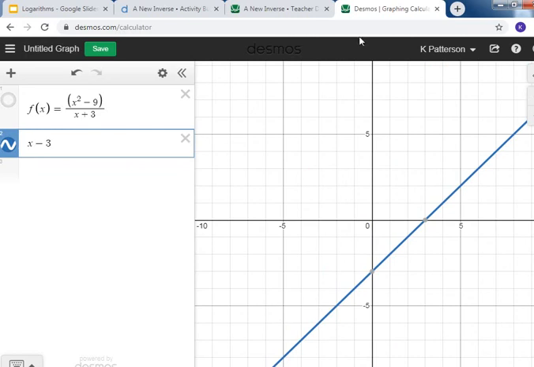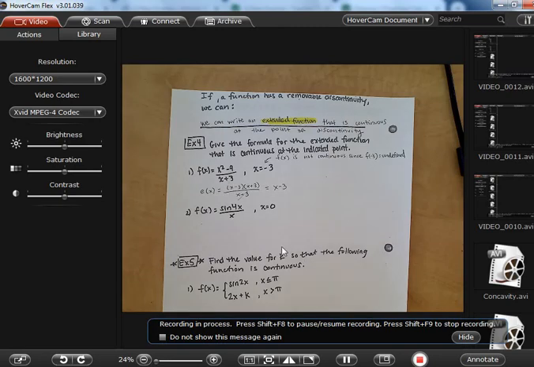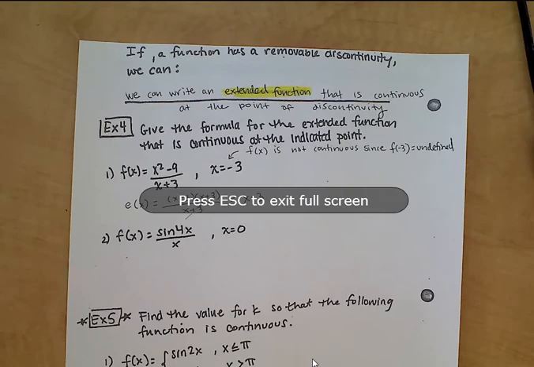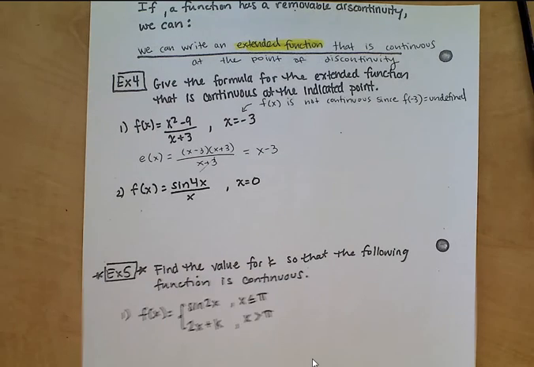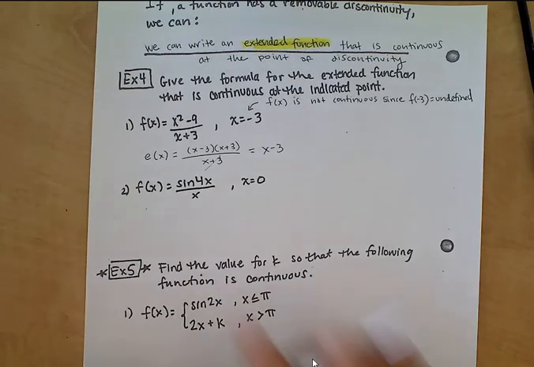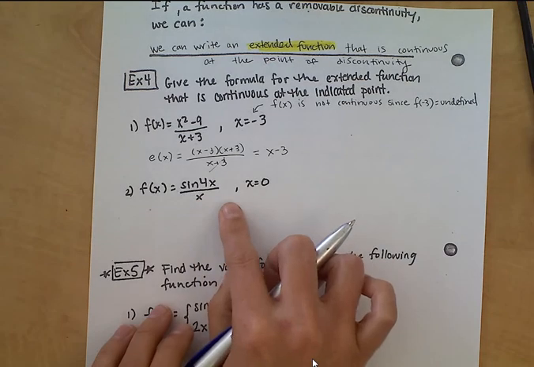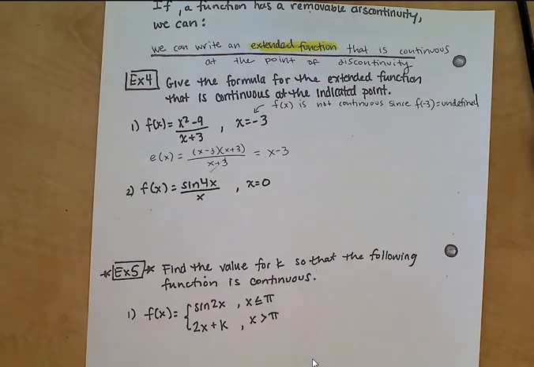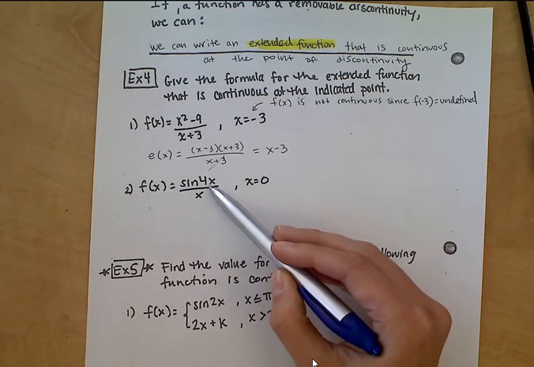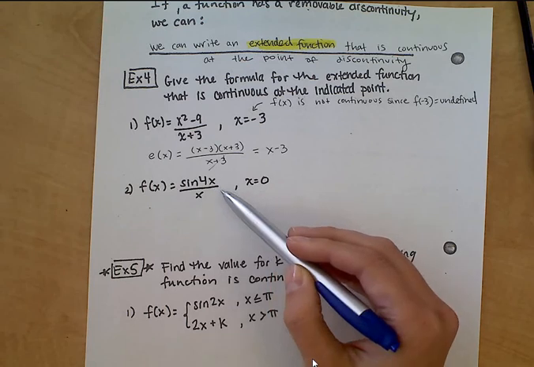Okay. Let's look at a little bit more challenging problem. So f of x is equal to sine of 4x over x. Okay. So when x equals 0 in this initial graph, we know that we get 0 over 0.